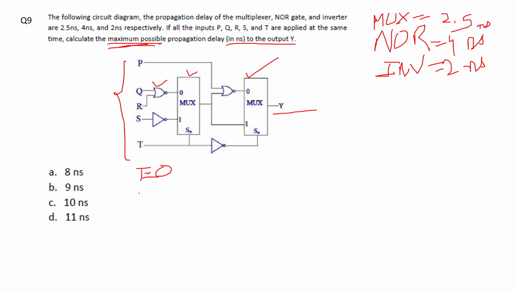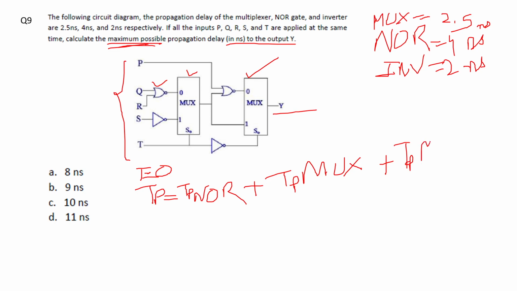So when T is equal to 0, my propagation delay will be equal to TP of the NOR gate plus TP of the 2:1 mux, and finally the TP of another 2:1 mux. So TP of NOR gate is 4, TP of mux is 2.5, and TP of mux is 2.5. So 2.5 plus 2.5 is 5, 5 plus 4 is 9 nanoseconds.